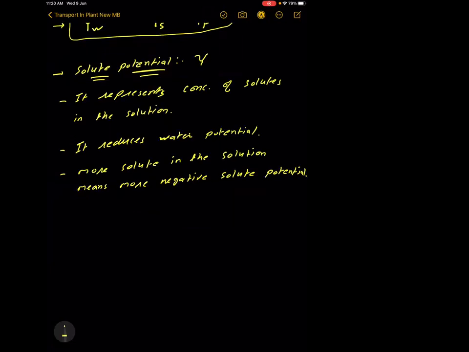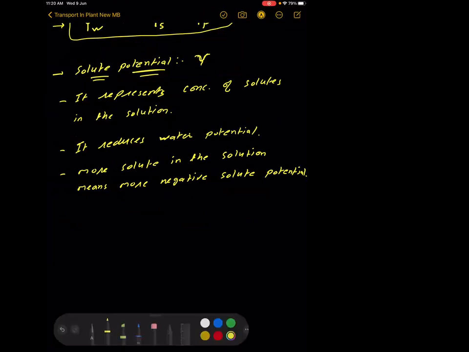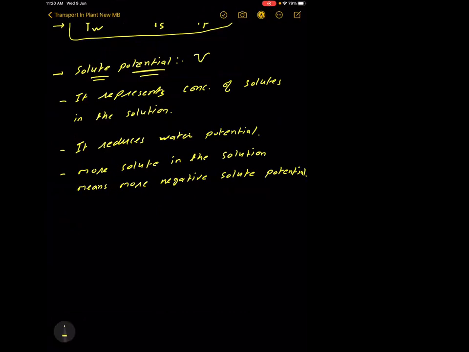Solute potential. Next is pressure potential. So what is pressure potential? It is actually the pressure exerted by cell content. Cell content means cell materials, the organelles, nutrients.